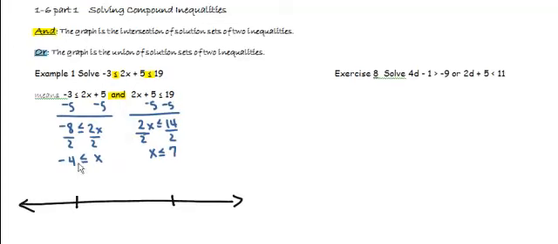The result of each part of that is to identify our border points. -4 must be less than x, and it is the case that x is less than 7. So on our graph, we are going to identify the borders as -4 and also 7. Next, we will identify the correct solution.